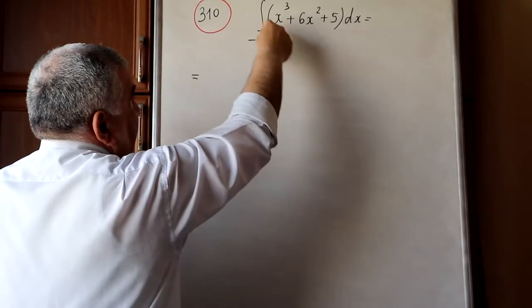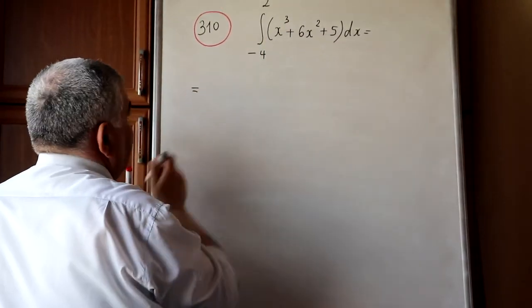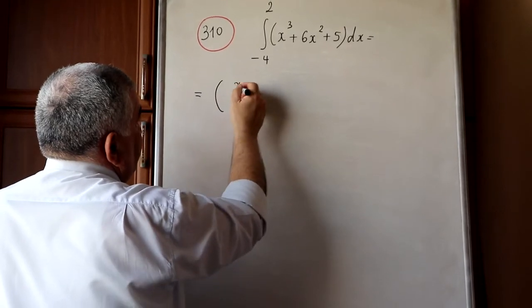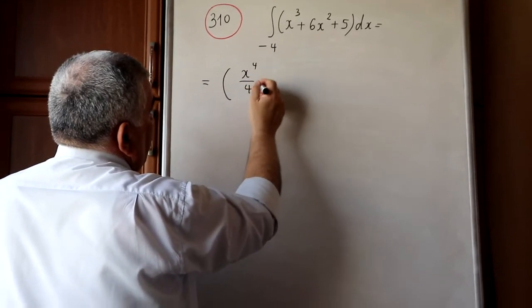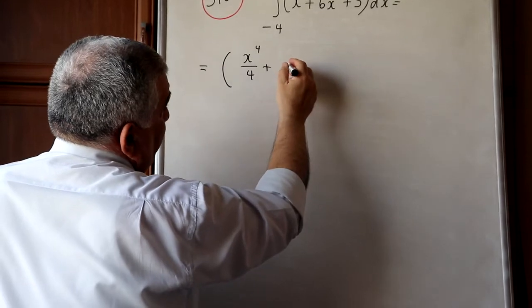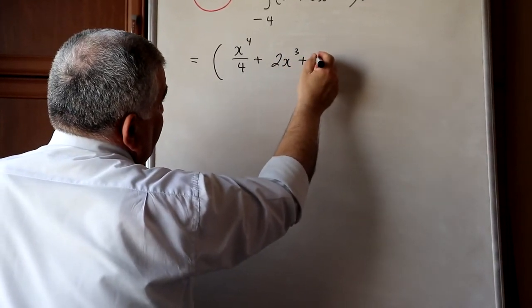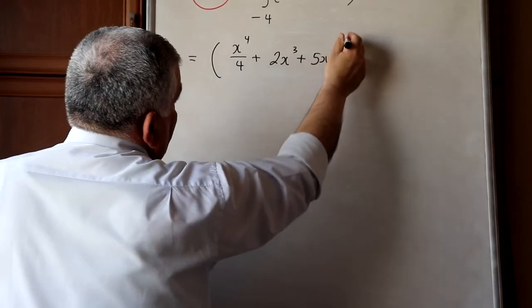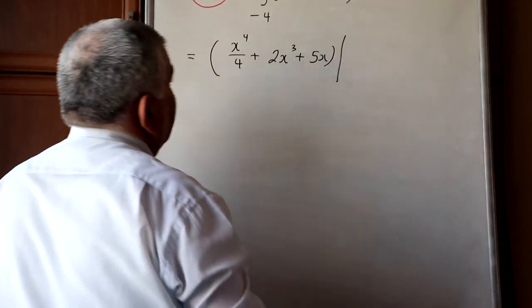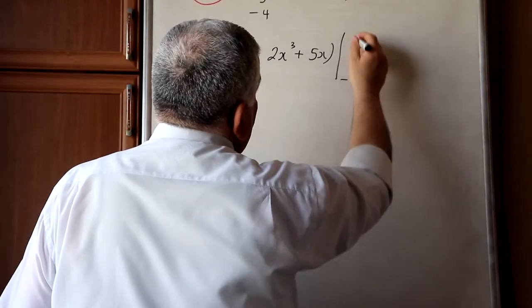First find the antiderivative of the integrand. The antiderivative is x to 4 over 4 plus 2x cubed plus 5x. And add the double substitution from minus 4 to 2.